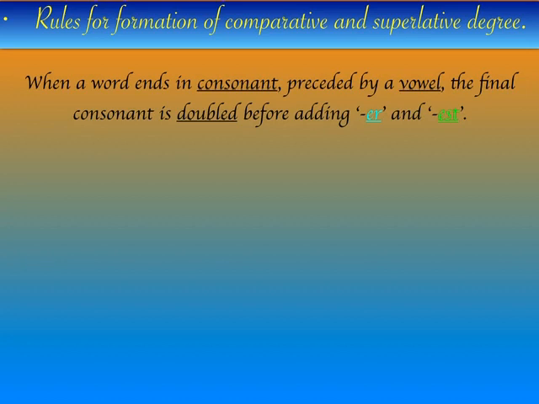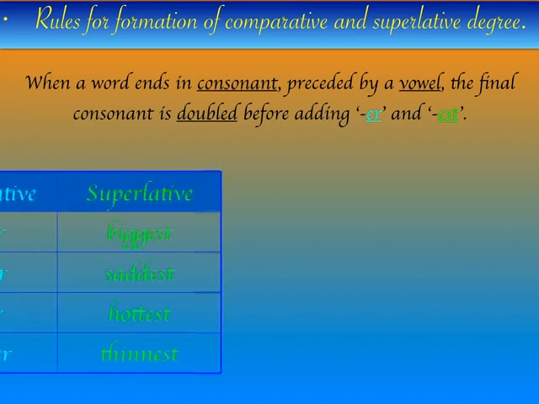But when a word ends in consonant and it is preceded by a vowel, preceded means the vowel comes before the consonant, and you all know the vowels, that is A, E, I, O, U. And so when there is a consonant and before the consonant there is a vowel, then the final letter, that is final consonant, is to be written 2 times, and then we have to add ER and EST.